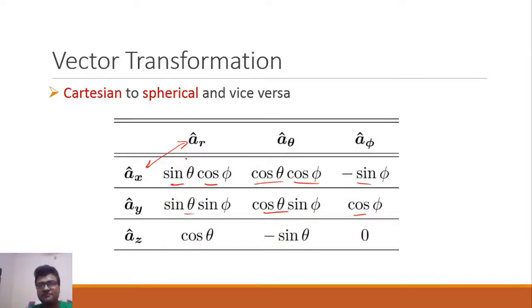I promise that in the next video we will solve some numericals, we will try to use these tables, and you will understand the concept of vector transformation in a better way.